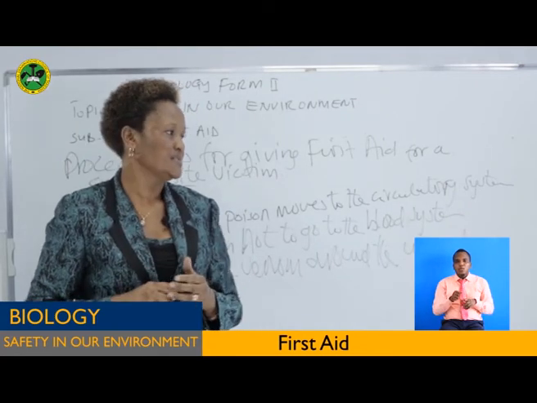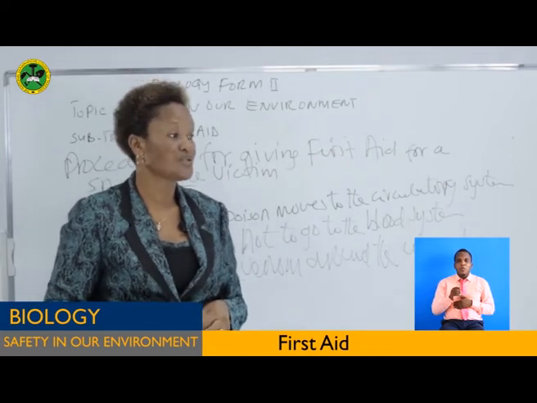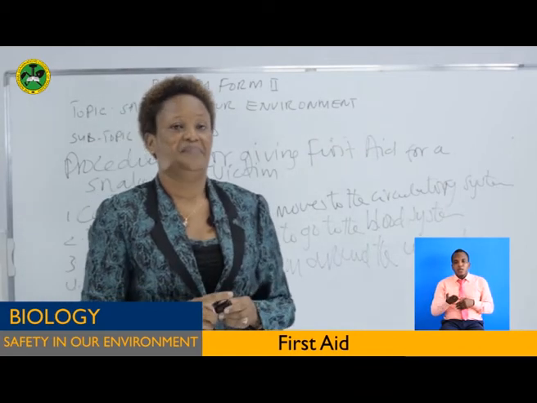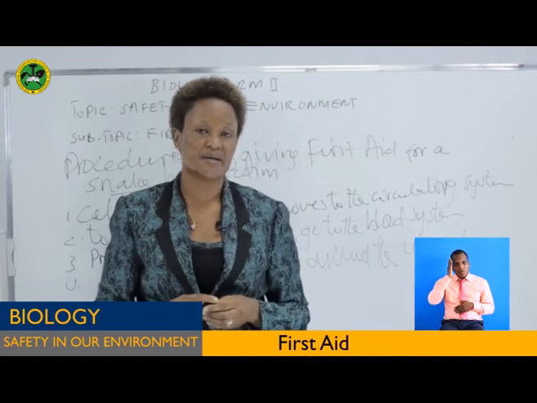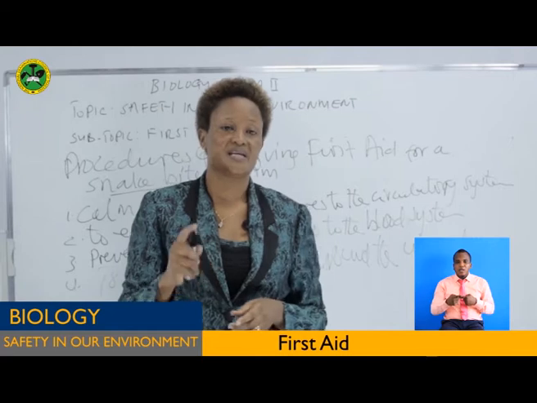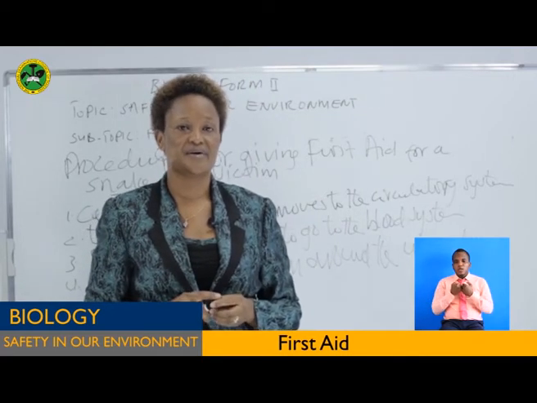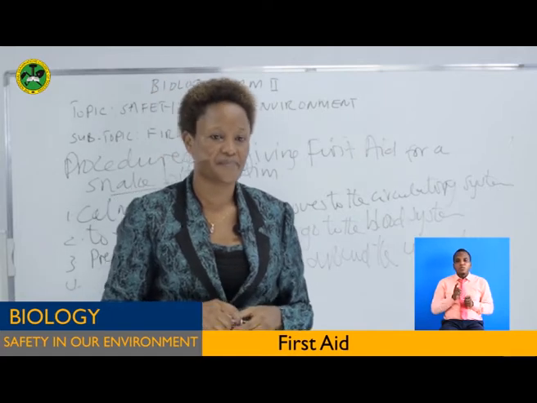My dear students, there is a last stage. Of course, you know it. If some complications occur after step number 4, take the victim immediately to the hospital for further medical checkup.